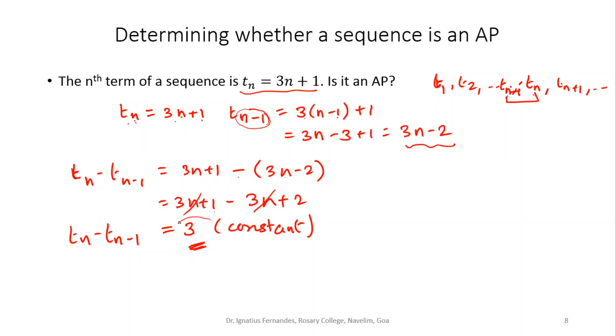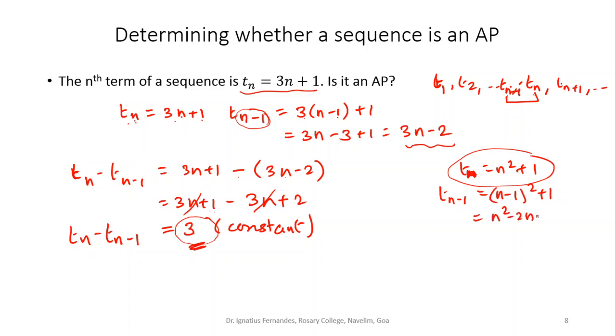When will you say this particular difference is not a constant? Well, sometimes n might remain. Suppose you consider the nth term as n square plus 1. Is this an arithmetic progression? For that you look at the n minus 1 term. tn minus 1 will be n minus 1 square plus 1. So n minus 1 square is n square minus 2n plus 1, and this plus 1 as it is. So I'll get n square minus 2n plus 2.